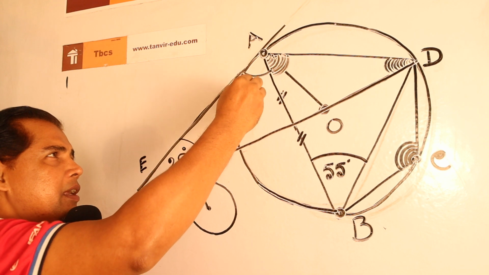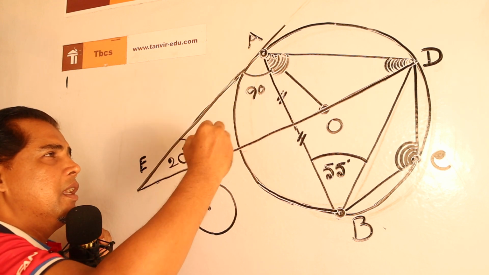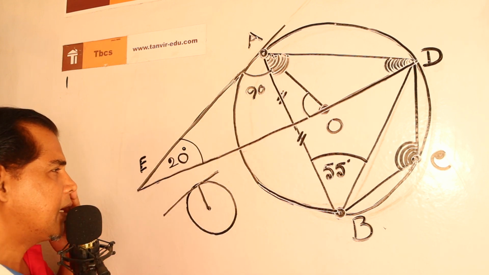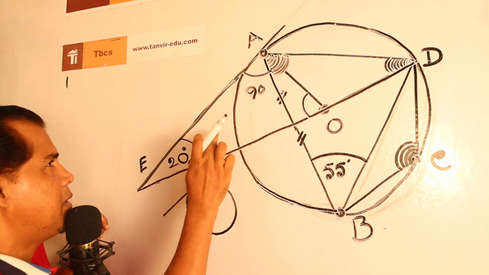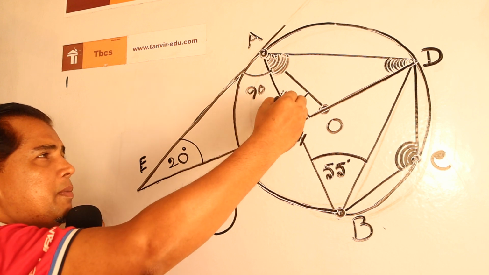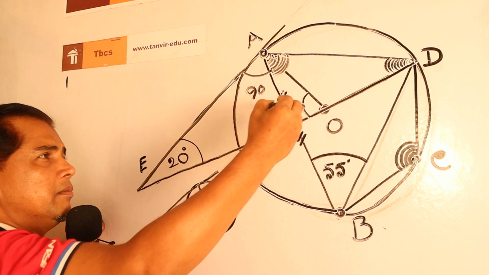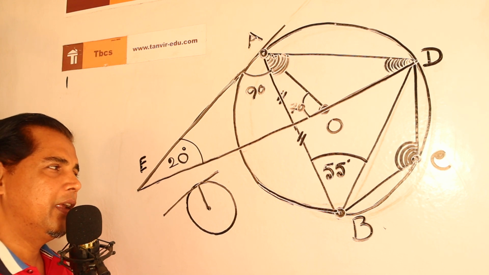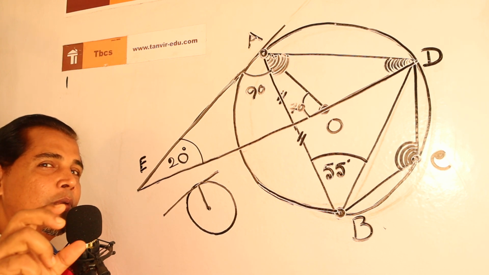That is 90 and that is 20. So undoubtedly this one will be, what is the calculation, 90 plus 20 is 110, so that will be 70 degrees. So you have got this one as 70 degrees. This is one formula.